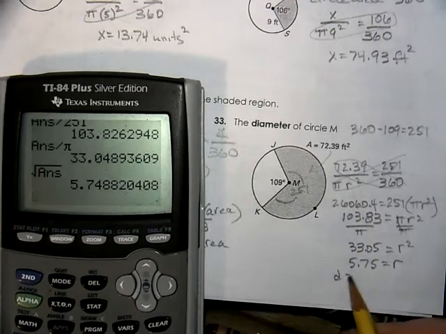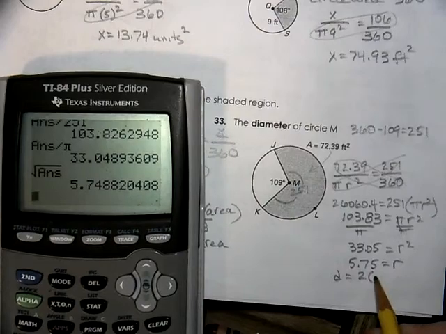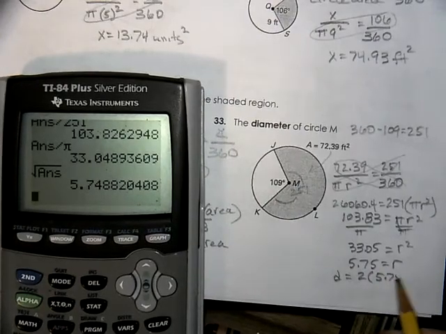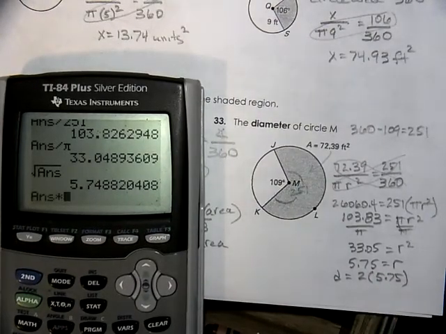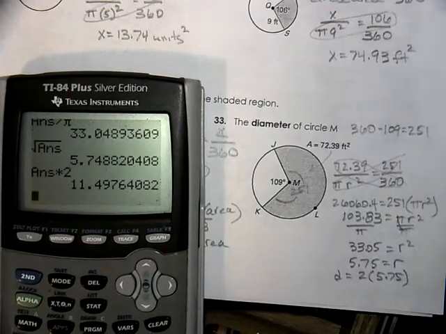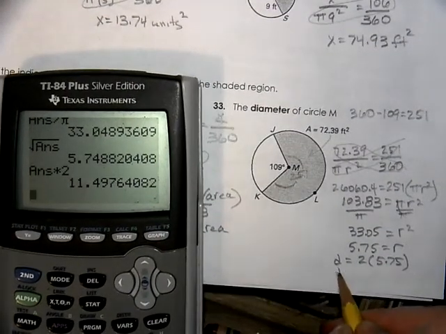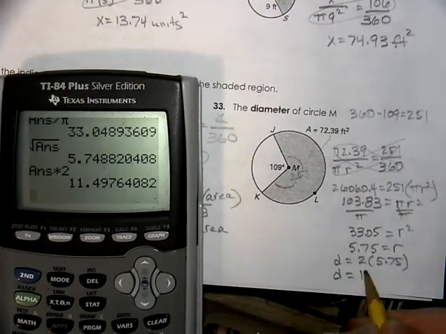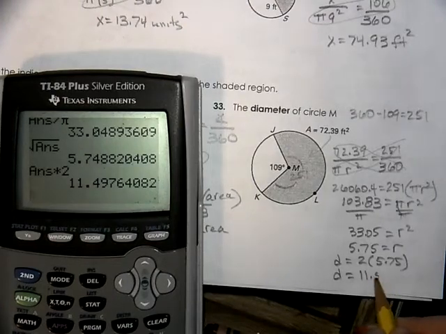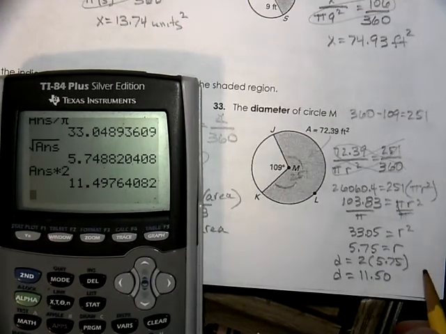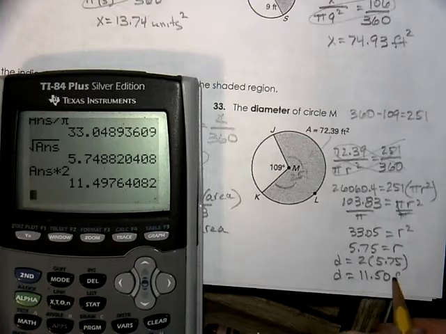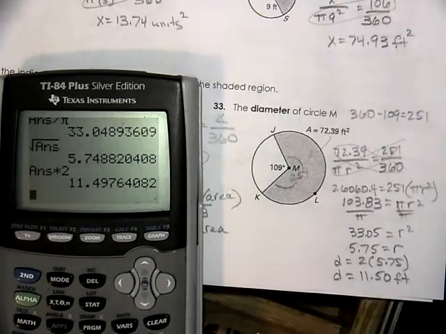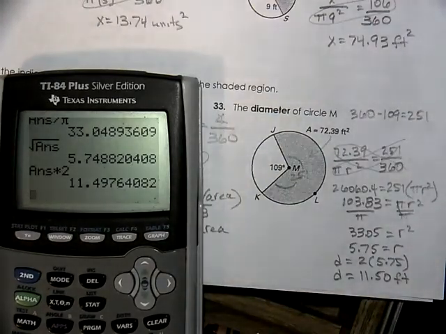So the diameter equals 2 times 5.75. So the diameter is going to equal 11.50. And these would be feet. Look at what we did.